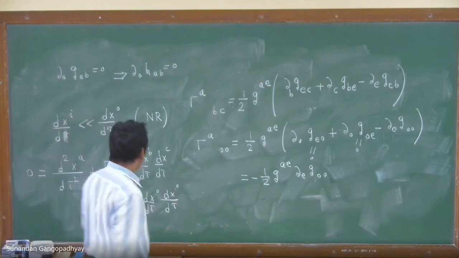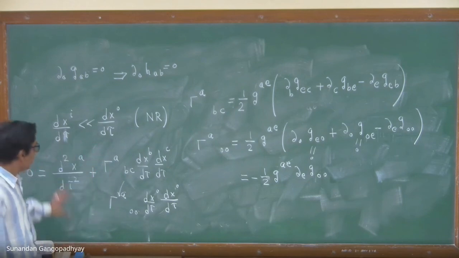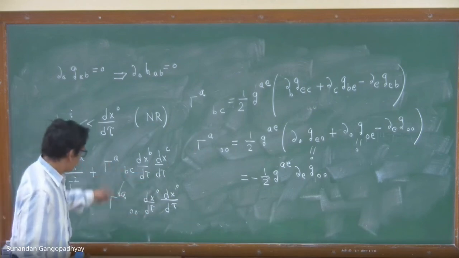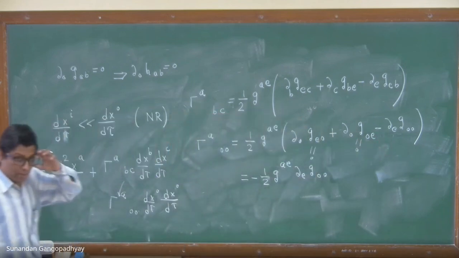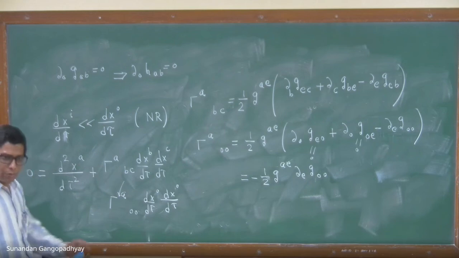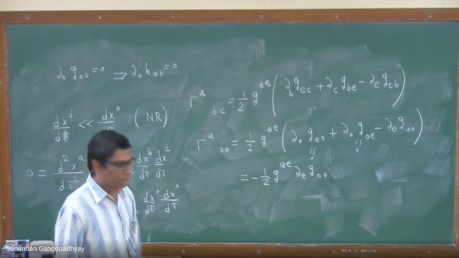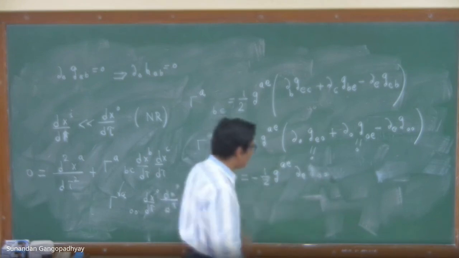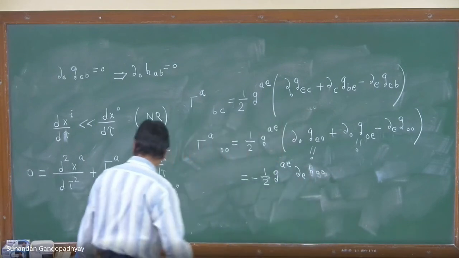So we have imposed on the geodesic equation for the particle moving in the gravitational field the non-relativistic approximation. In calculating this, we have used the stationary field approximation, that the gravitational field is independent of time, so you get this. Now we shall input the last approximation, the weak field approximation, which says that the gravitational field is slightly different from the Minkowski metric. So G_00 is eta_00 plus H_00, eta_00 is 1, so it's constant and its derivative will be 0. What is G^AE?